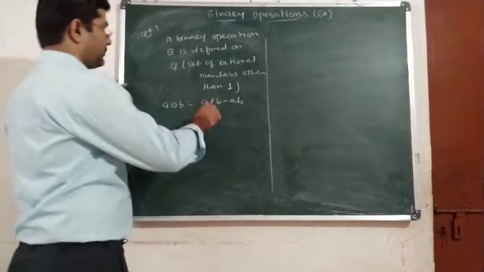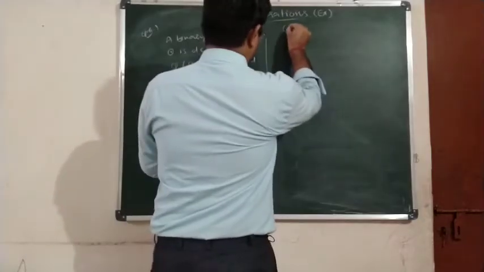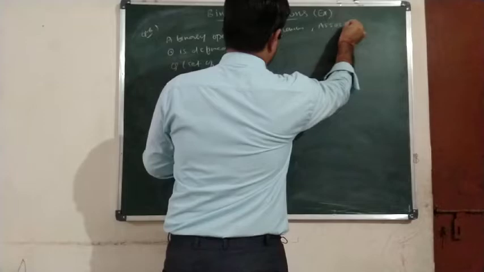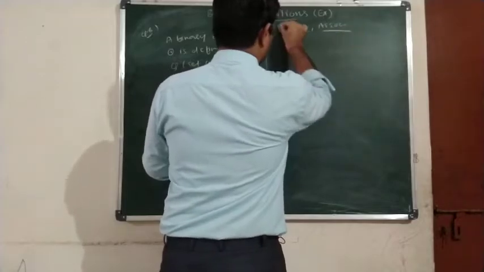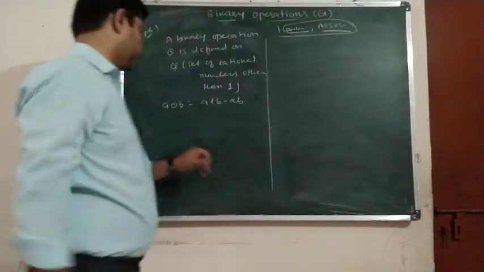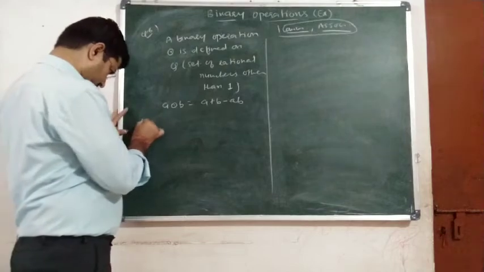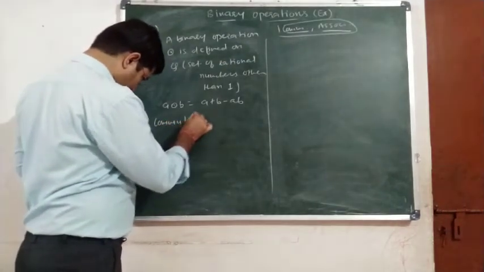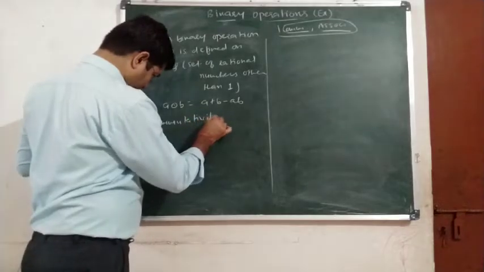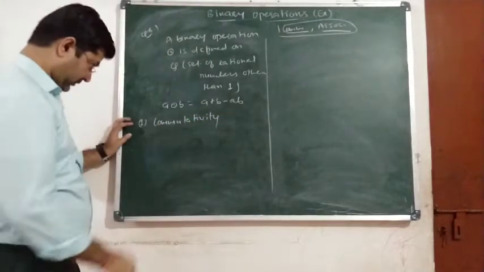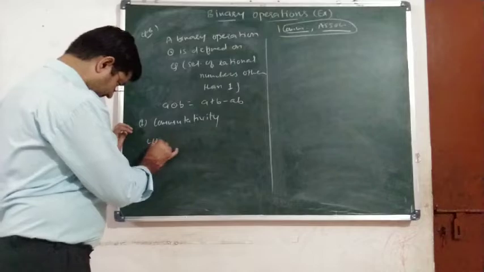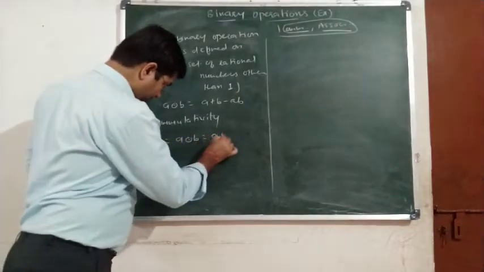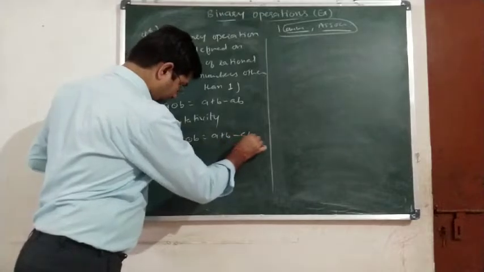So here we have to show two things, commutativity and associativity. Let us first show that this is commutative. For LHS we will take A O dot B, which is equal to A plus B minus AB.